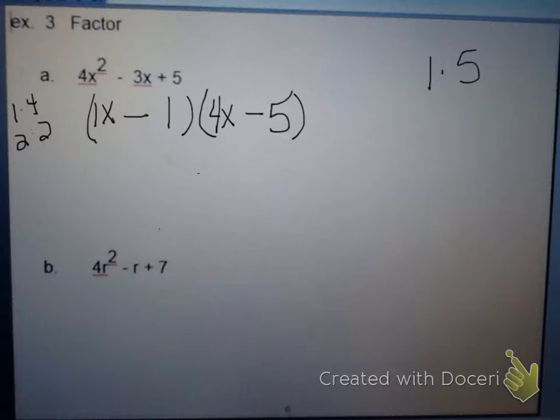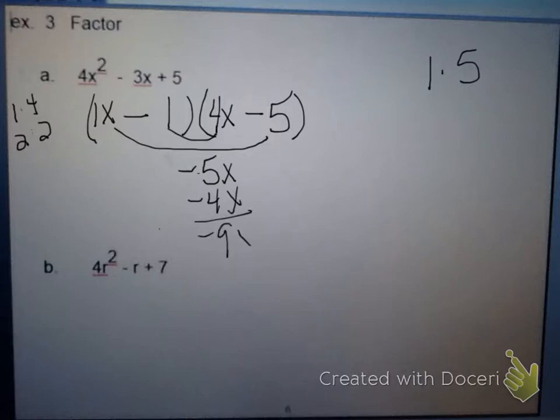I don't have any choice but to use 1 and 5. My outside term is a negative 5x. My inside is a negative 4x, which is negative 9x. That doesn't work. So I'm going to switch the 1 and the 5 around. My outside, oh, I already did that.